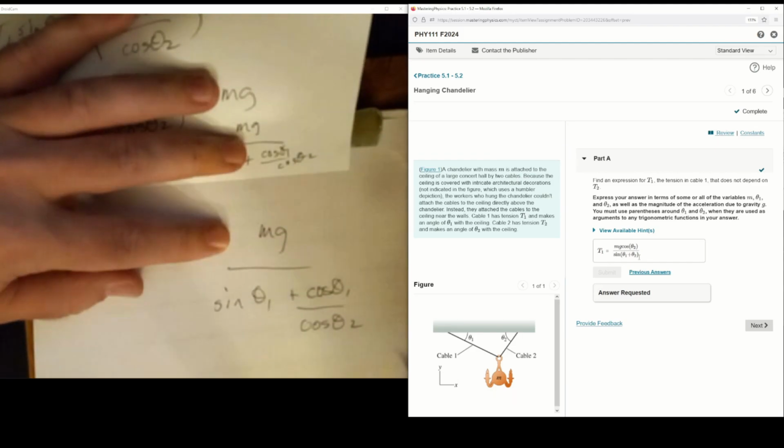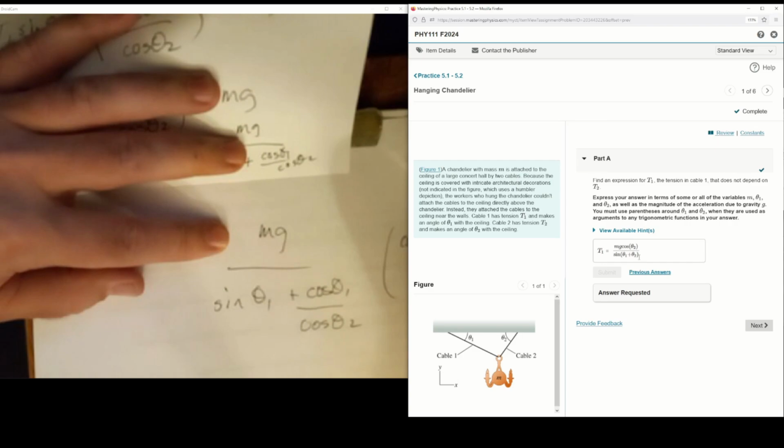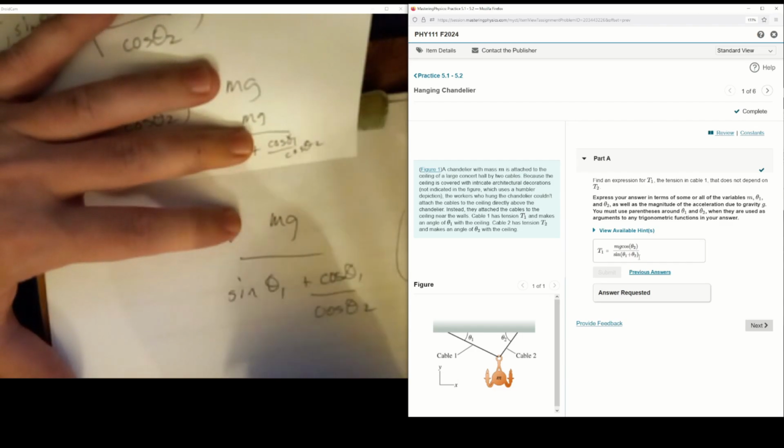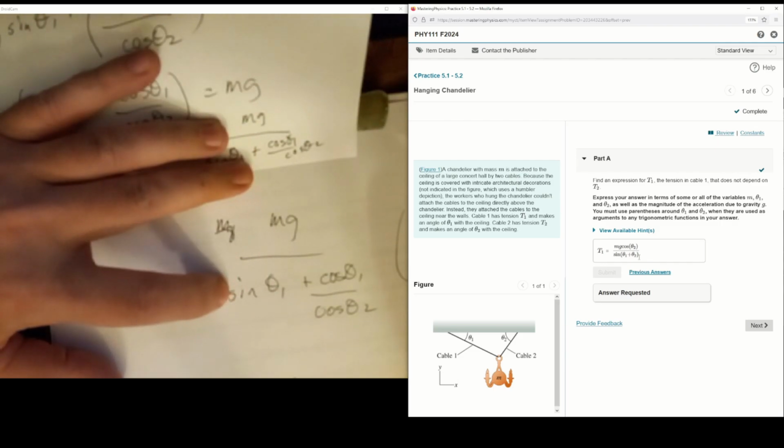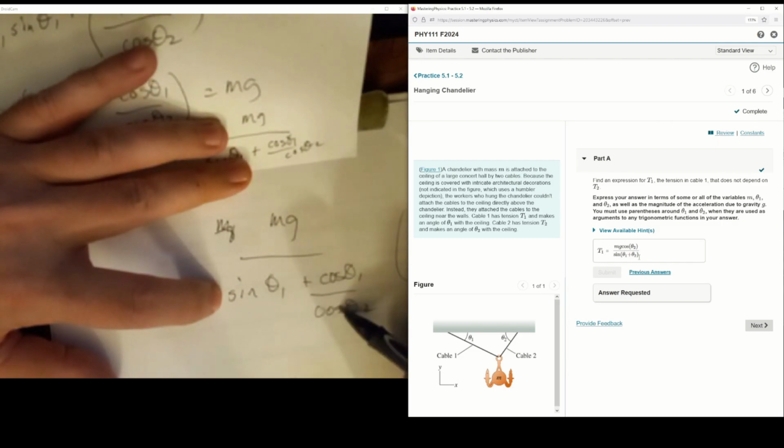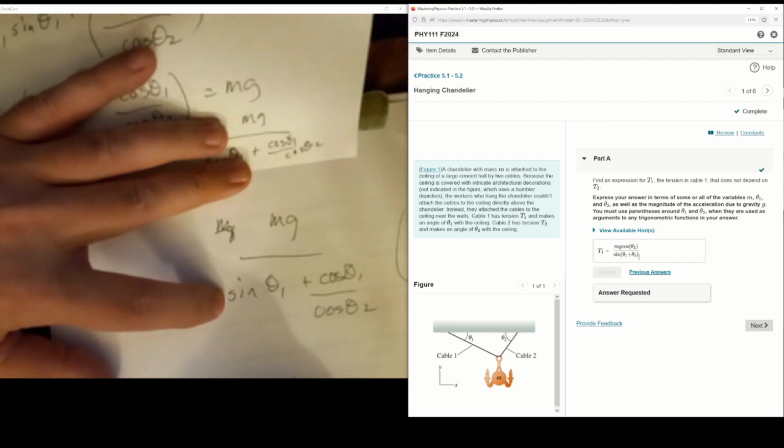So what they ended up doing here is they multiplied the top and bottom by cosine theta 2. A perfectly fine math maneuver, nothing wrong with that. So when you do that, you get mg cosine theta 2 in the numerator. Cosine theta 2, if you bring it along the denominator, will cancel this one out, but it will apply to this one over here.